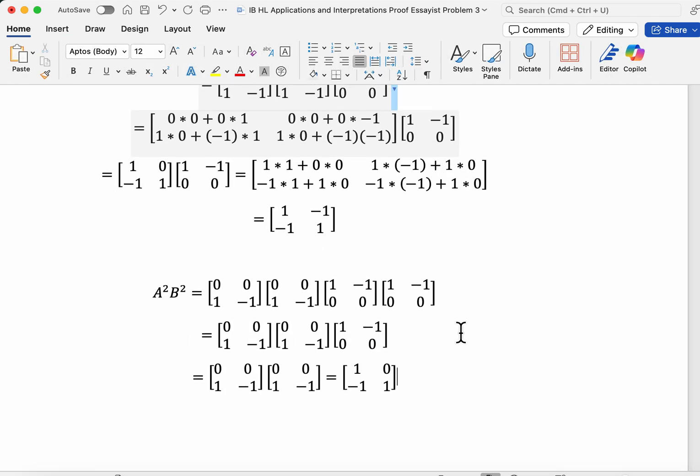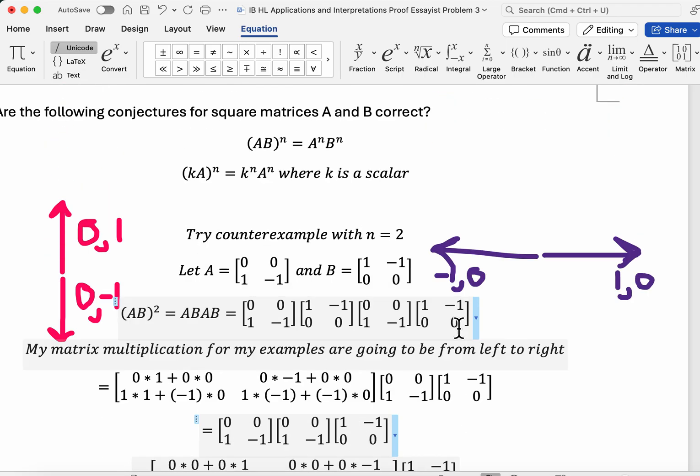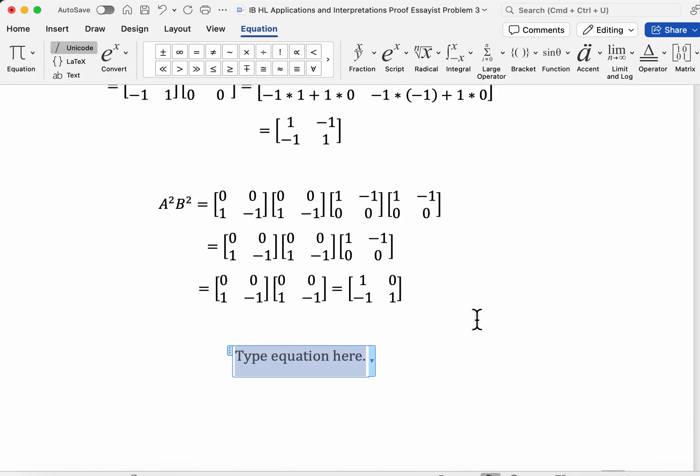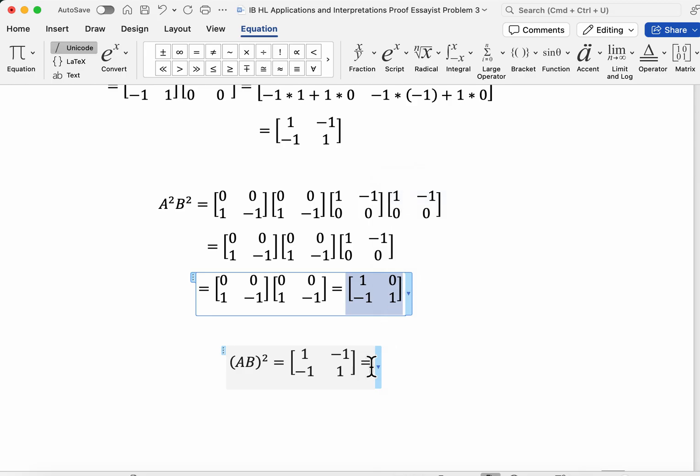Okay, and finally, we can put them together. When comparing them together, AB squared. These two matrices clearly do not equal each other component-wise. So then we can say, yes, this does not hold true in general. And one counterexample, this is a key thing when falsifying stuff with a counterexample.